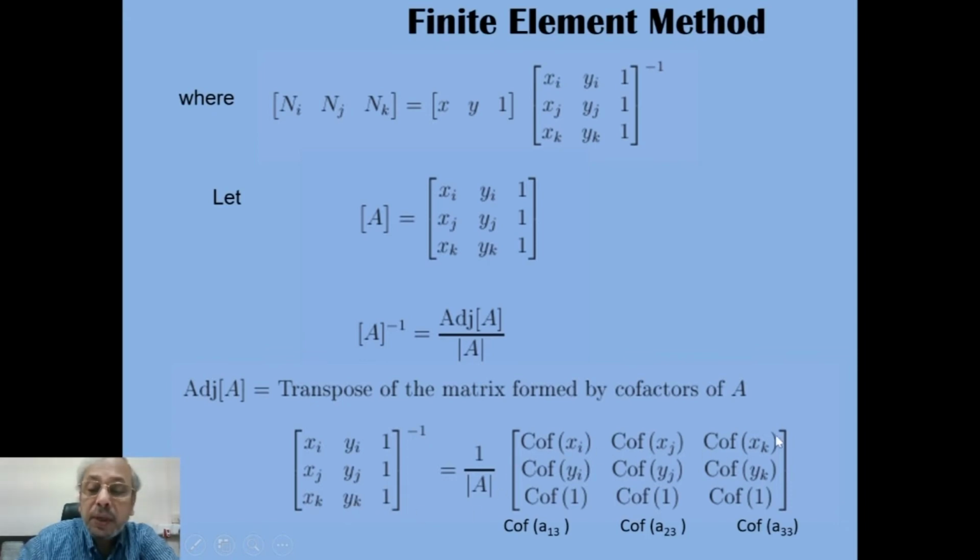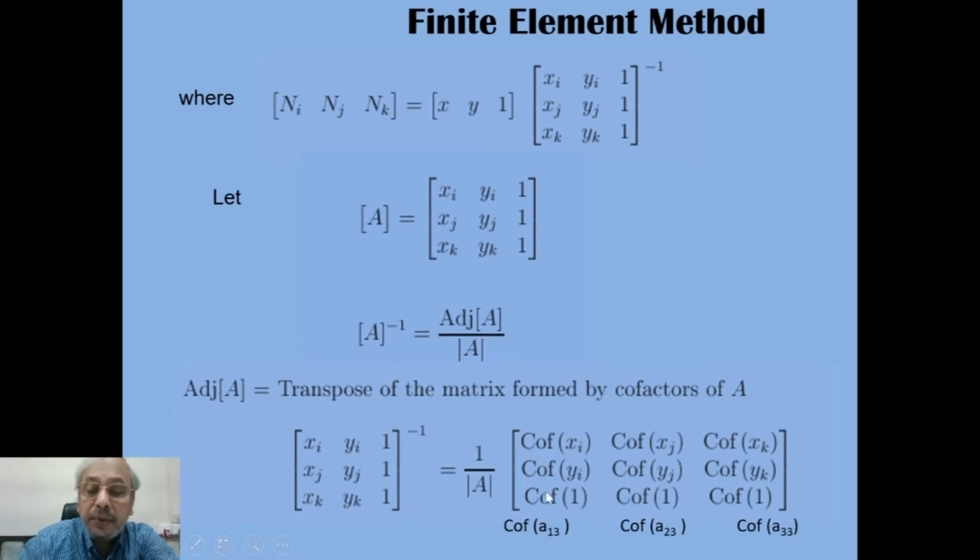So here when we write the first row in the adjoint matrix, that will be the cofactor of xi, then the cofactor of xj and the cofactor of xk. Second row, we'll find the cofactors of these and then transpose them. So basically the second row will be the cofactor of yi, the cofactor of yj and the cofactor of yk.